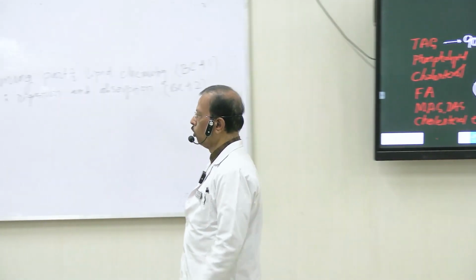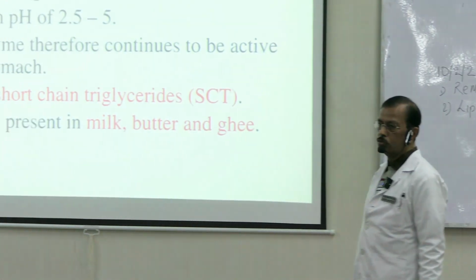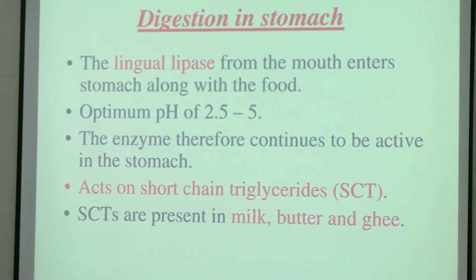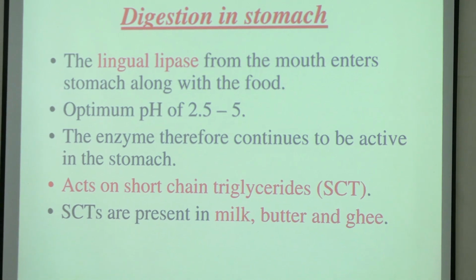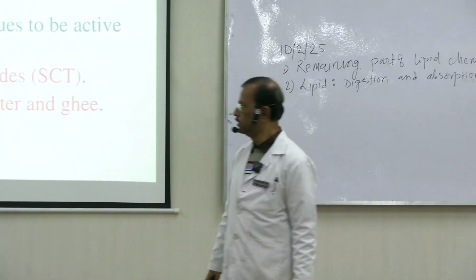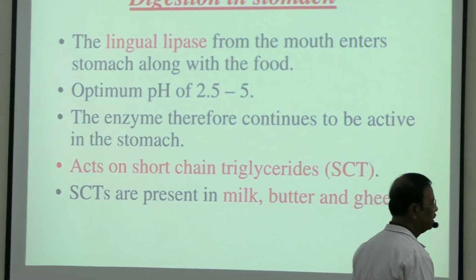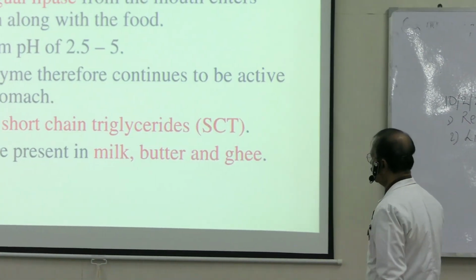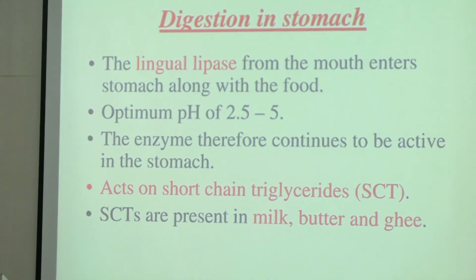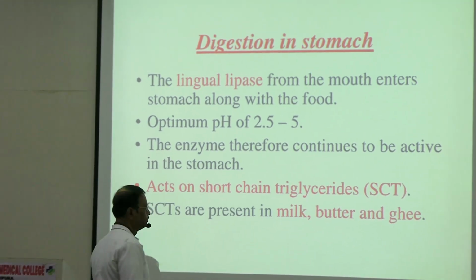Second point is optimal pH of activity: lingual lipase activity is 2.5 to 5. Stomach having acidic pH is suitable for lingual lipase activity, and it is also called an acid stable lipase. So the enzyme continues to be active in the stomach. It usually acts on short chain fatty acids present in milk, butter and ghee.